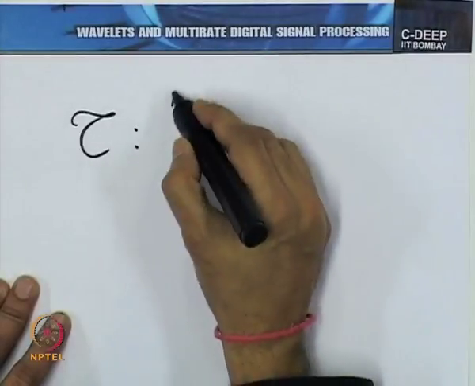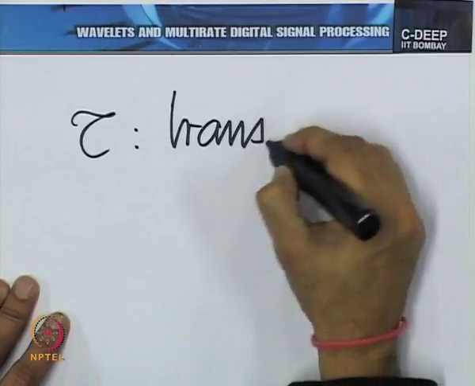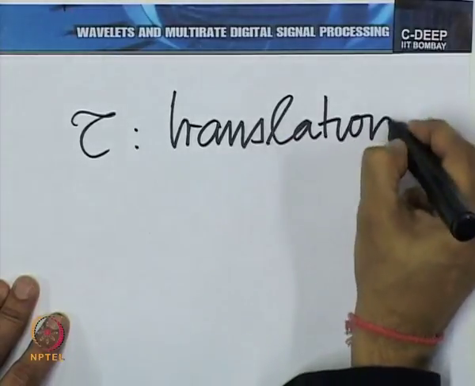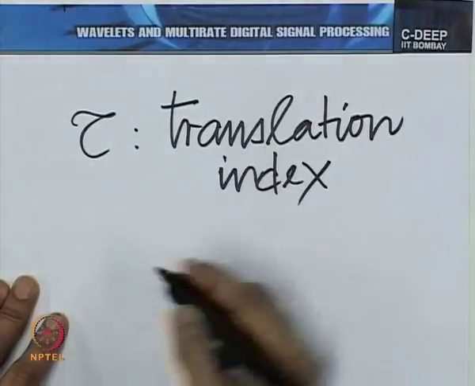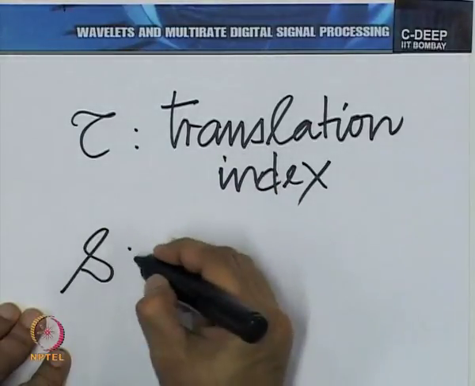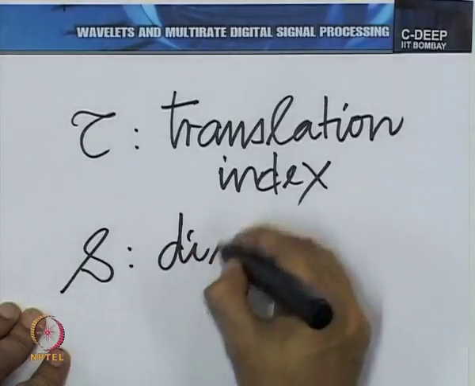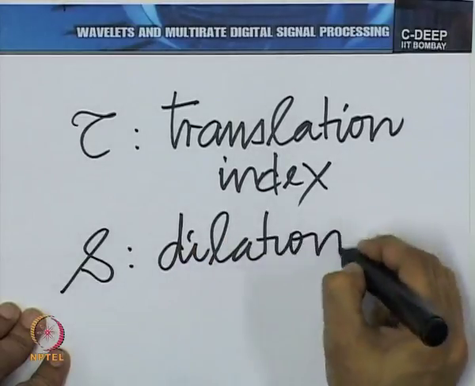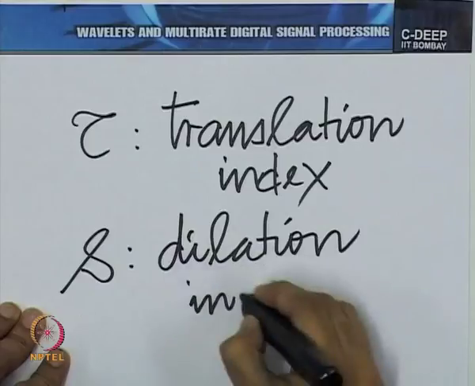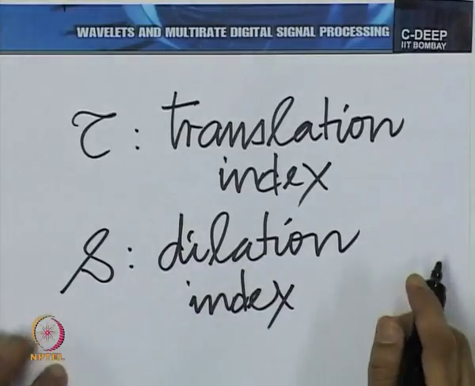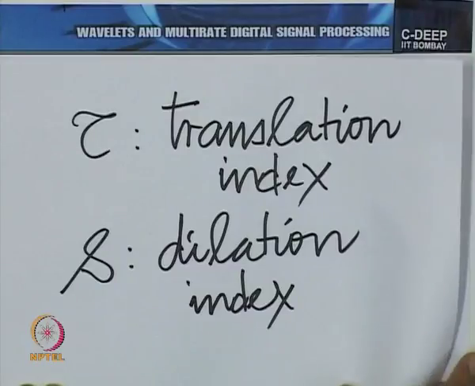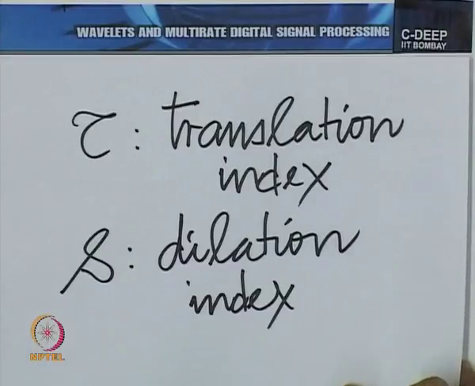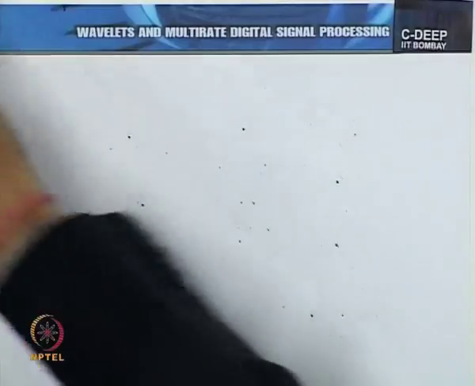Tau is called a translation index or translation variable, and s is called a dilation index or dilation variable. And we are dilating and translating, or we are constructing dilates and translates of a basic function.